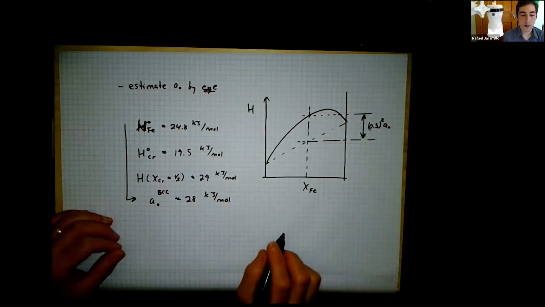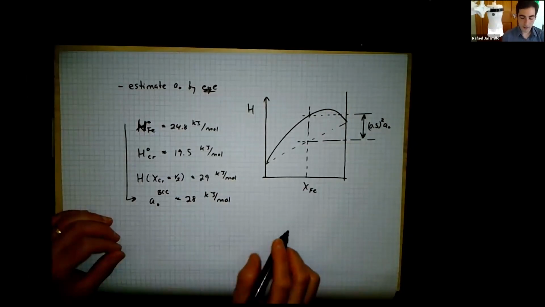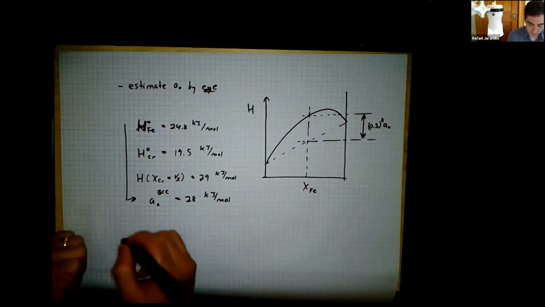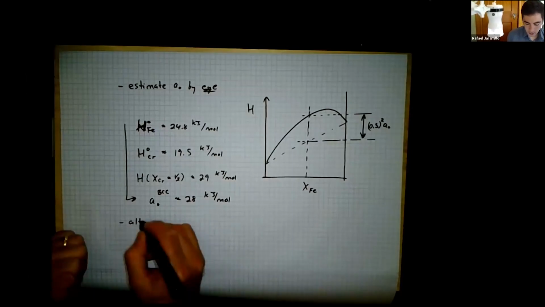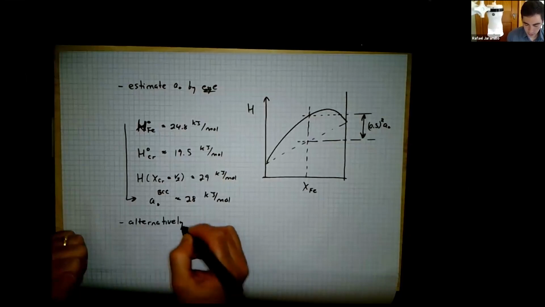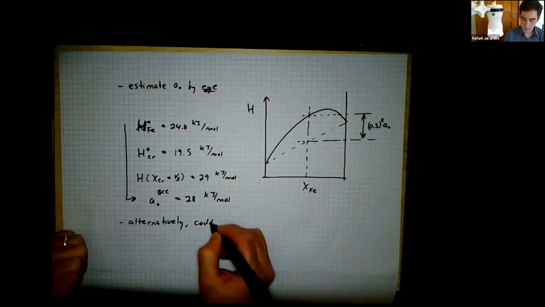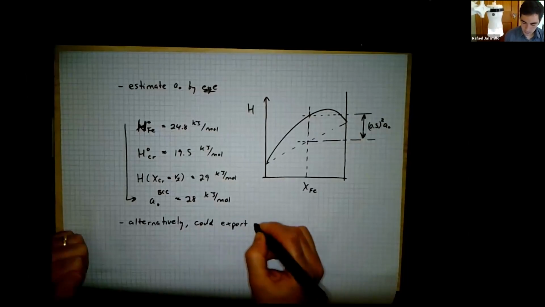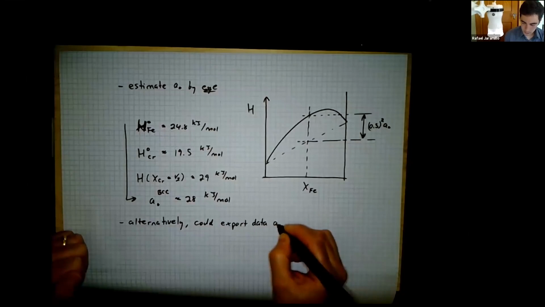You can get all that simply from mousing over the plot and pulling these numbers out to 2 or 3 digits. All right. Alternatively, you could export the data and fit it.